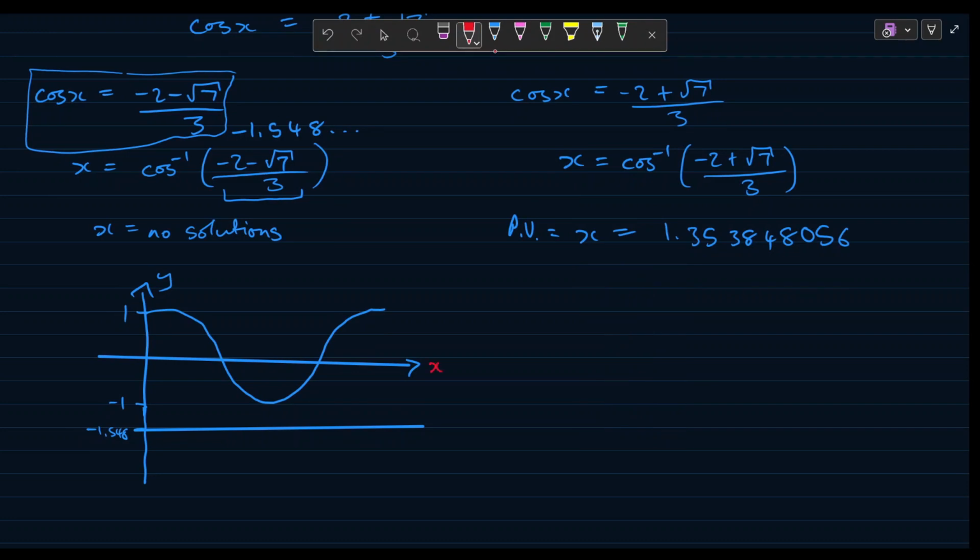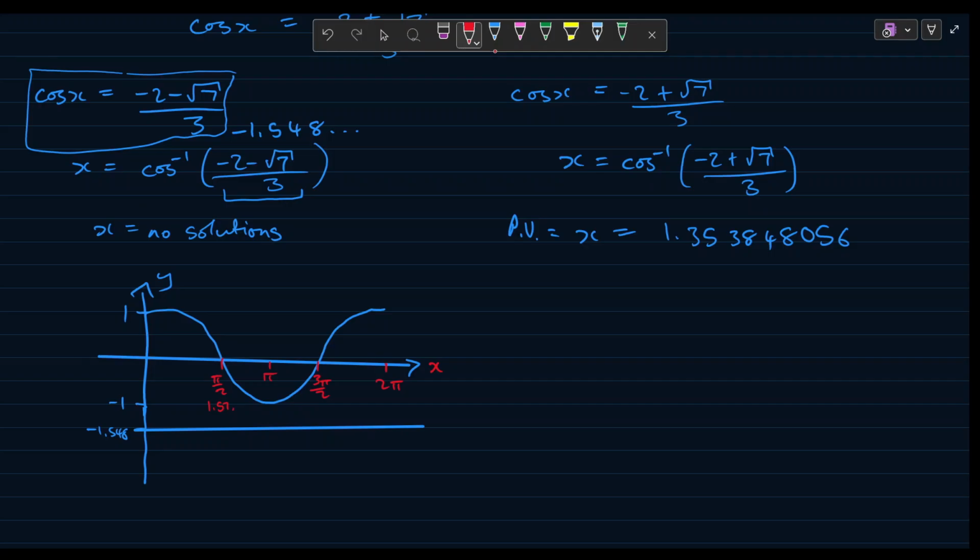So this is the x-axis. X is 1.35. This here would be pi over 2. That's pi. So that's 3 pi over 2. And this here is going to be 2 pi. And we want 1.35. Pi over 2 is approximately 1.57 and so on.